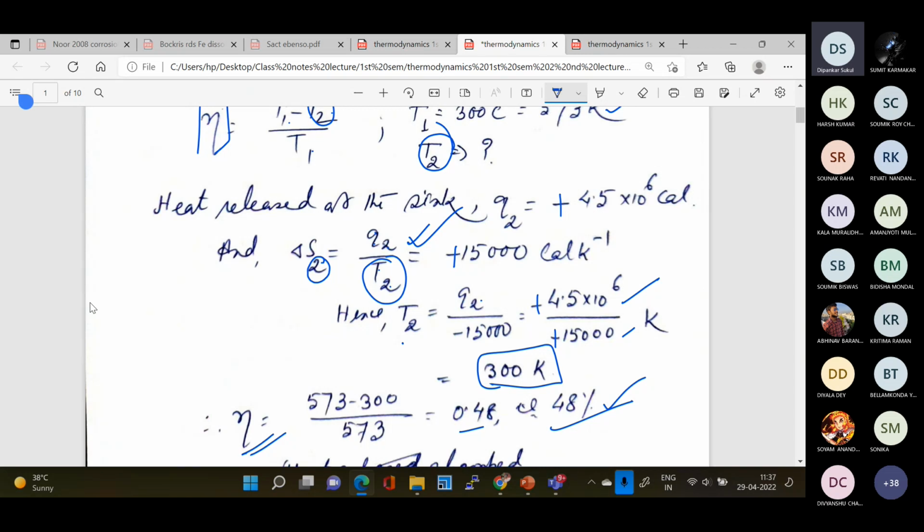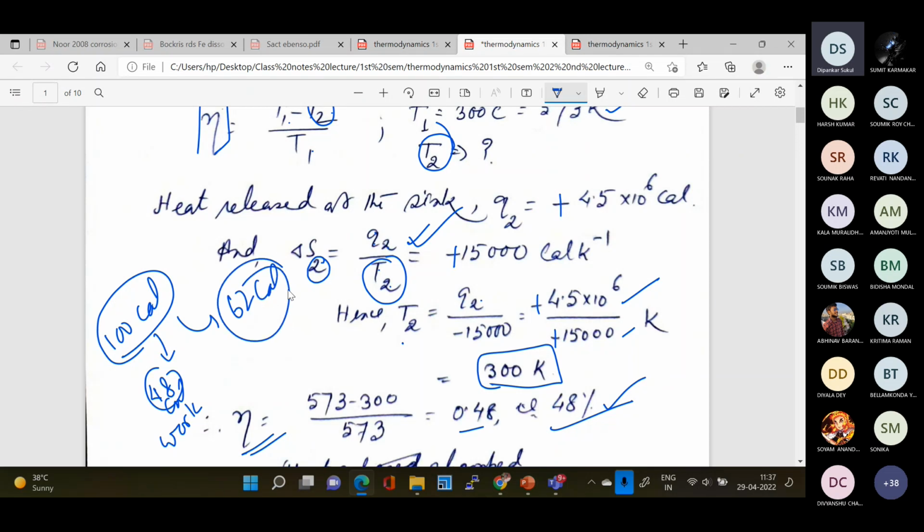It means if 100 calorie of heat is absorbed from the source, then 48 calorie will be converted into work, and the rest will be released to the sink. It should be 52.